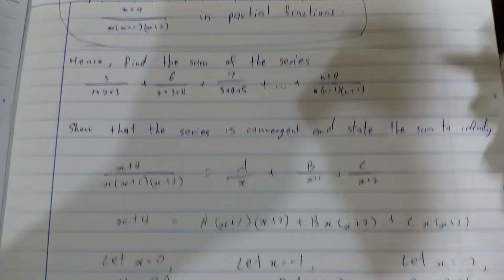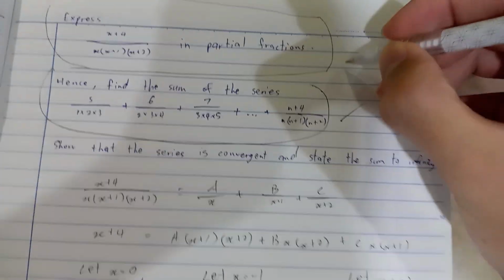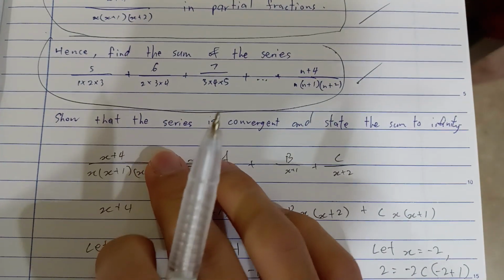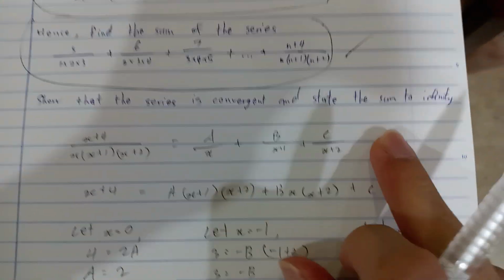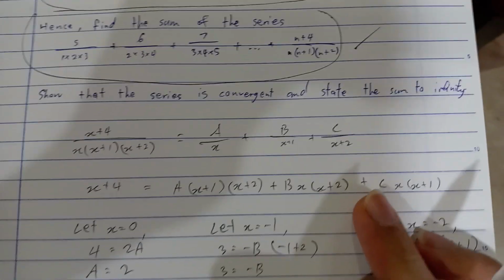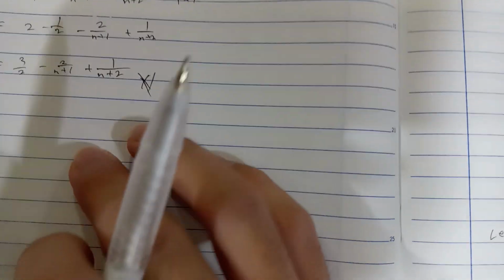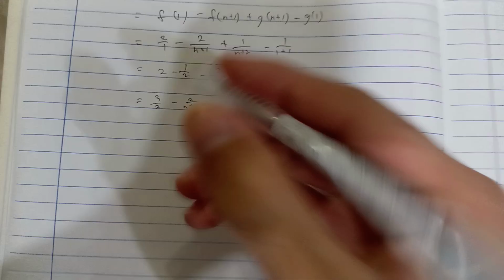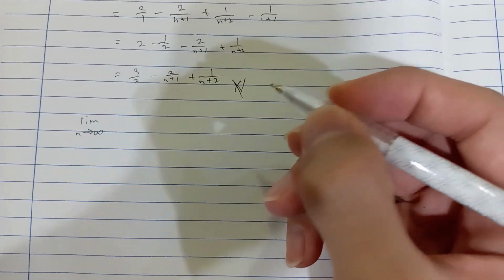Okay, so the second part of this question is finished. Now the last one asks you to show that the series is convergent and state the sum to infinity. So to find whether this series is convergent or not, you take the limit of the function as n approaches infinity.